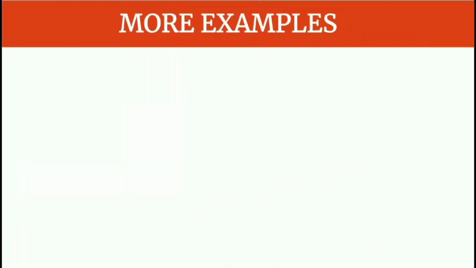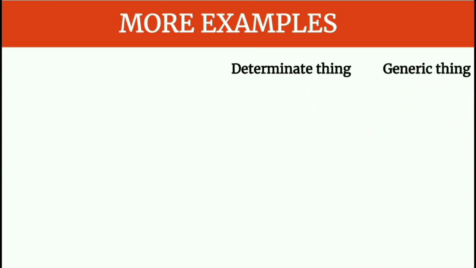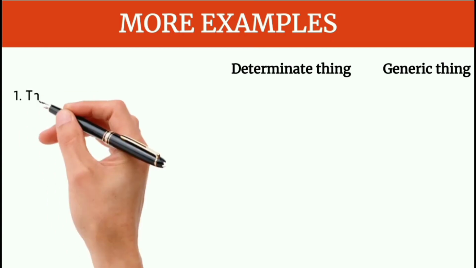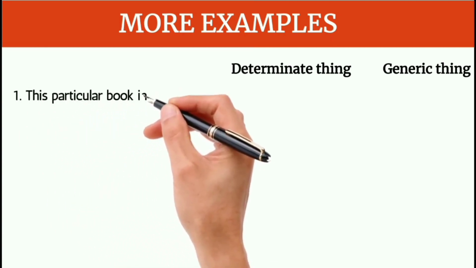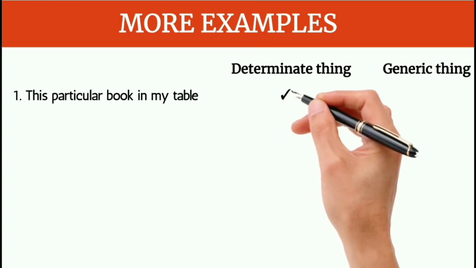Let us try to classify the following whether they are determinate thing or generic thing. Always remember na kapag sinabing determinate thing, ito yung specific. At kapag sinabi namang generic thing, ito yung one of a class. Let's start with number 1, this particular book in my table. This particular book in my table is a determinate thing. Why?